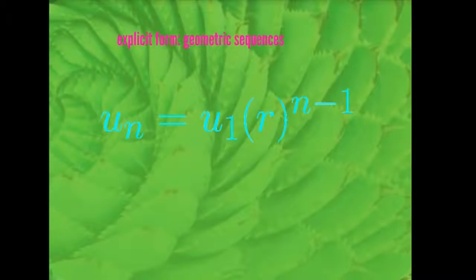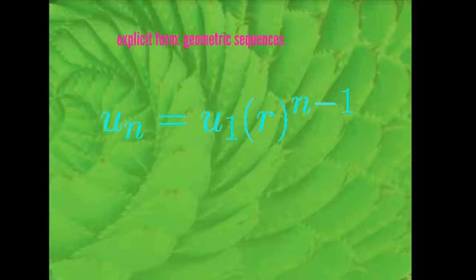So in geometric sequences, when I'm multiplying from term to term, the formula is going to look a little bit different. It's going to be u(n) equals u(1) times my common ratio to the n minus 1. So n minus 1 is an exponent, whatever this value is.